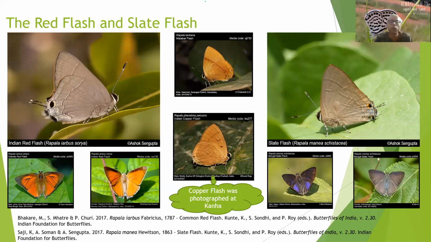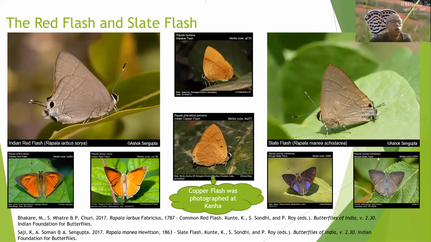If you want to distinguish between the two by looks, it is quite difficult, because both look almost the same. We have seen that there are a few variations in the bands in the wing, but that is not very prominent for identification. The best way to distinguish a slate flash from a red flash is to check the cilia.